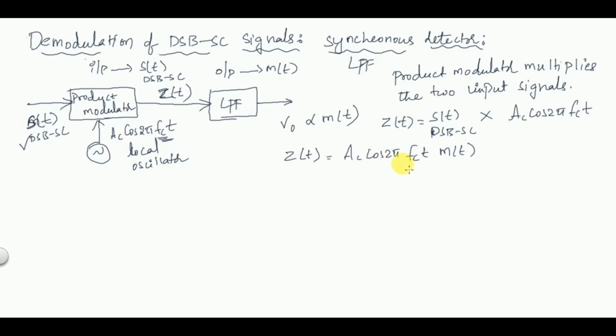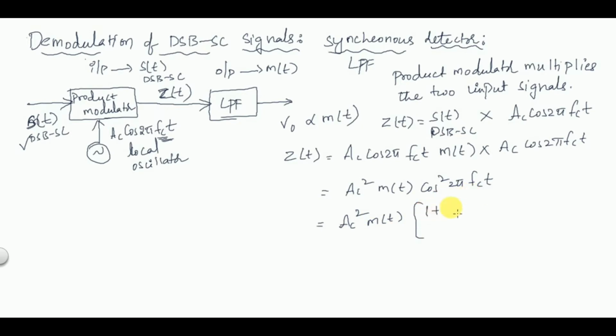This is multiplied by Ac cos 2 pi fc t, so it will be Ac square m of t into cos square 2 pi fc t. This is equal to Ac square into m of t into, since cos square 2 pi fc t can be written as 1 plus cos 4 pi fc t divided by 2, (1 plus cos 4 pi fc t) divided by 2. So this is Z of t.